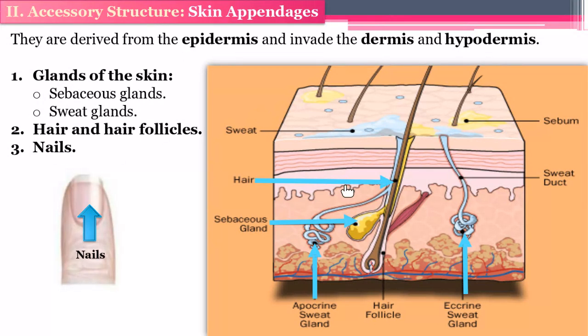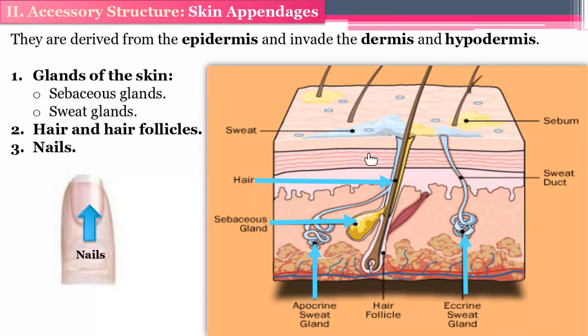These are the skin appendages which are present in the skin. See here in the pictorial presentation, this is the topmost layer of the skin. This is the sweat gland. This is the duct of a sweat gland. Then if you go here, this is the hair follicle, and this is the hair coming out of the hair follicle.